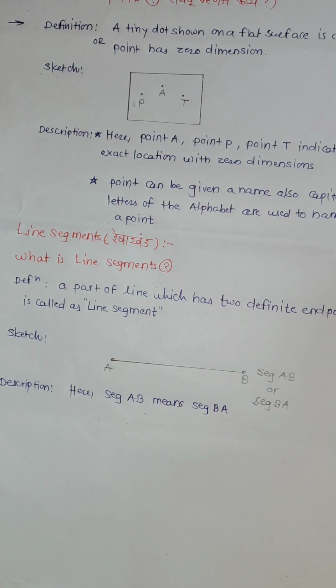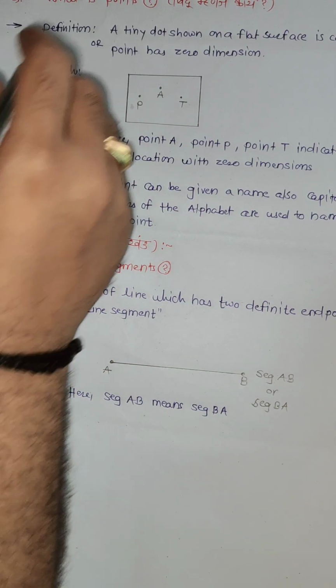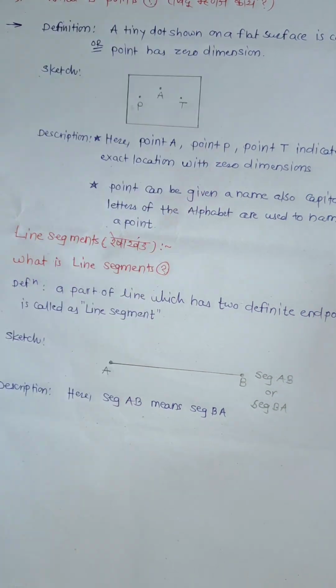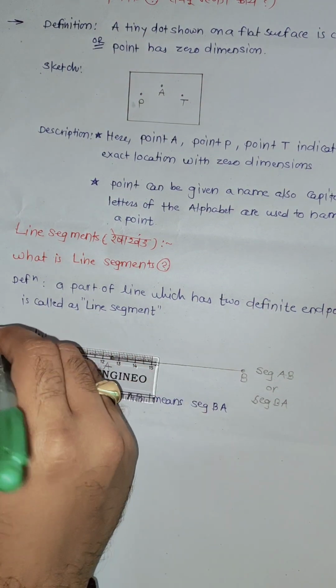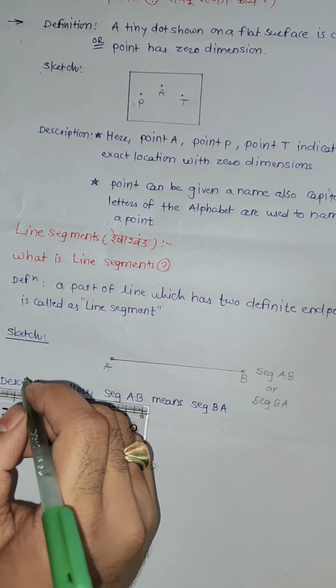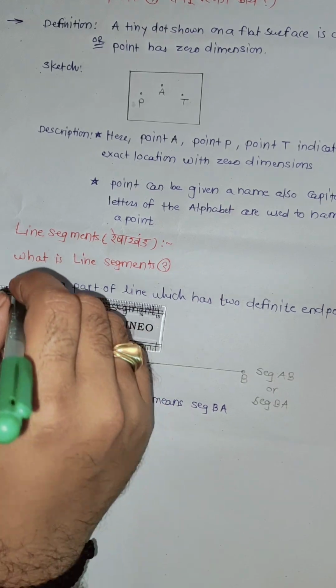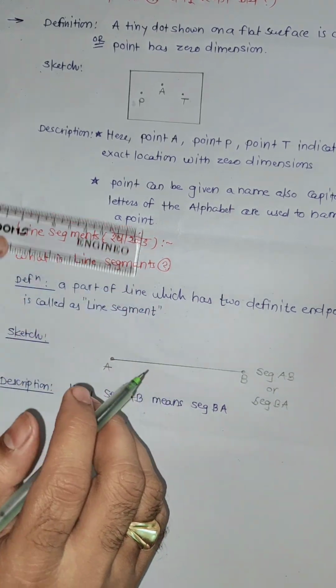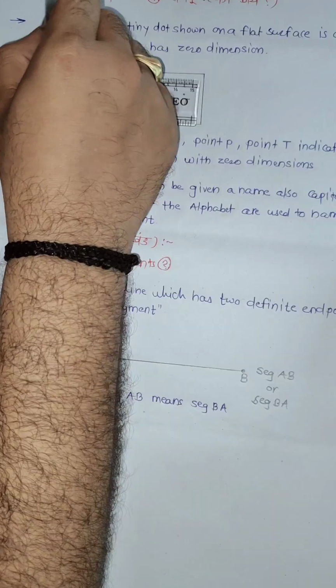A tiny dot shown on a flat surface is called a point. A point has zero dimension. What we discussed earlier: this is the first part, definition; this is the second part, sketch; the third part is description.